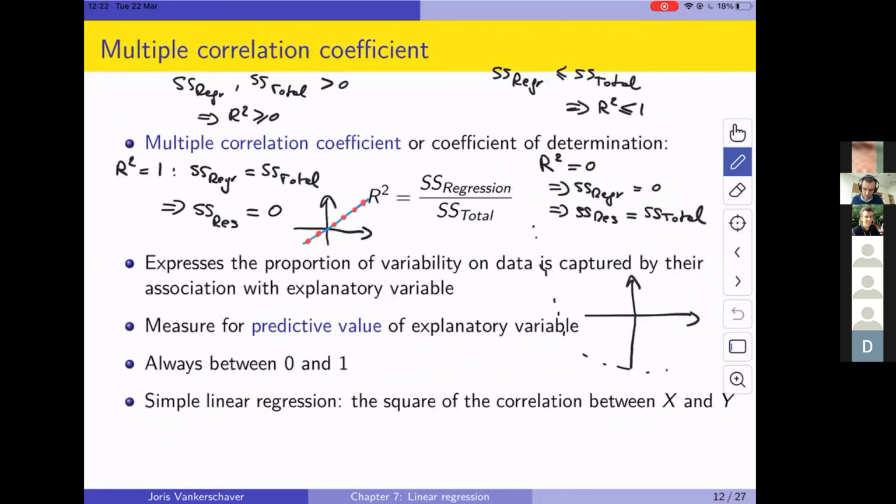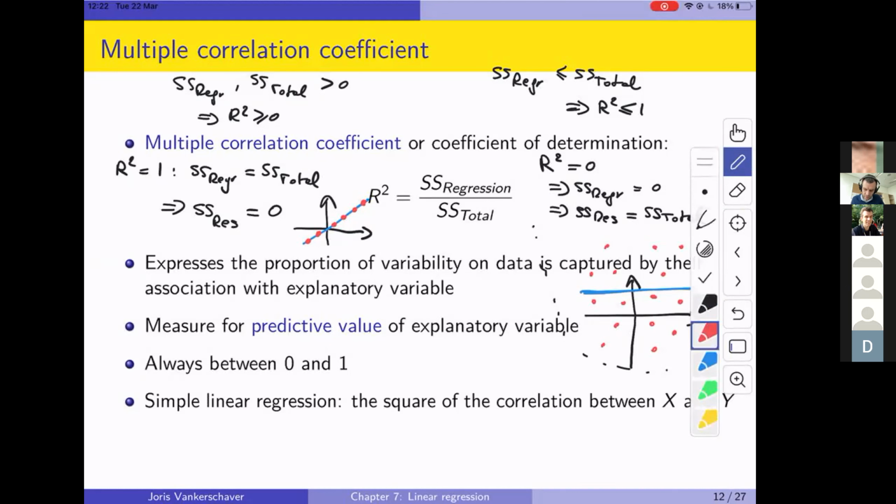So we end up with a regression line that is actually flat. Let me draw the line and the actual data points, so that my model does not explain anything of the data.